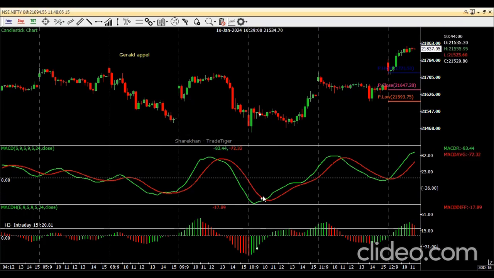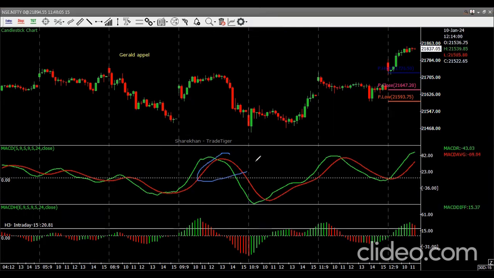The MACD line is going accordingly, but whenever the signal line crosses from below, you can see bullishness coming. At that time it is an uptrend. And when the signal line crosses from above, it is a downtrend. I will show you. At this point the signal line crosses from above, so you can see there is a downtrend. And here at this point, it is crossing from below.